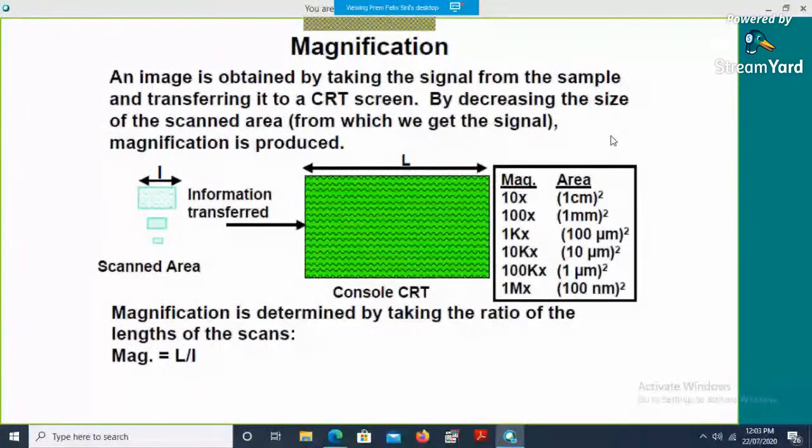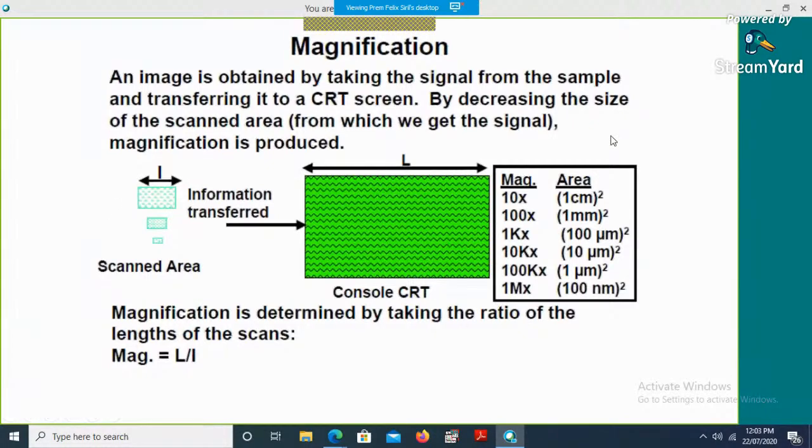It is simply this: if an area of length l is being scanned, and it is projected on the screen, the length of the screen, capital L, divided by the length of the area being scanned, l, gives you the magnification.